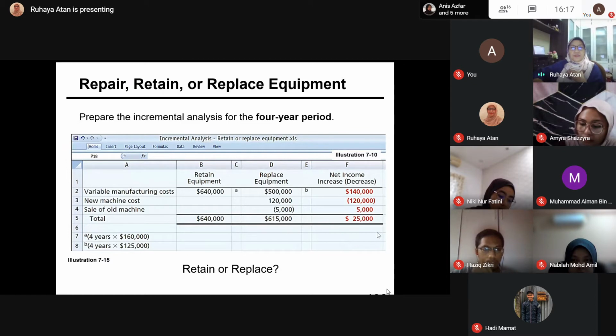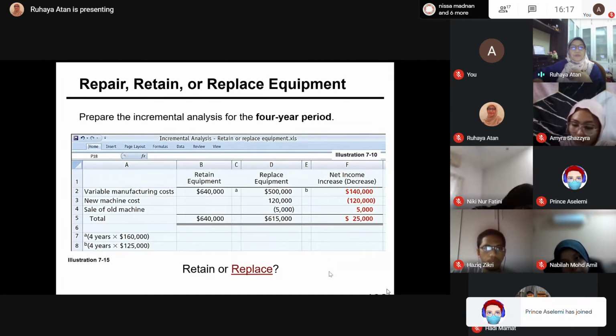Netting off all this revenue and the cost involved here, you will get 25,000 of incremental income. So by replacing the equipment, buying new equipment, you will have an incremental value of 25,000.